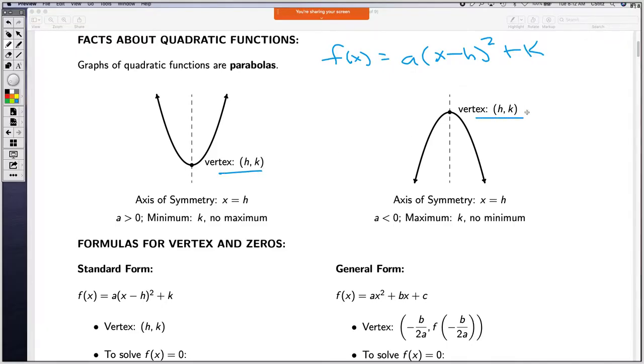The vertex is (h, k) for the parabolas this week. We have the axis of symmetry just like we did with the absolute values. If a is positive, the parabola opens upwards. If a is negative, it opens downwards. When it opens upwards, we have a minimum. When it opens downwards, we have a maximum. So except for the shape, which for absolute value is a V, this is the same result we had about absolute value functions.